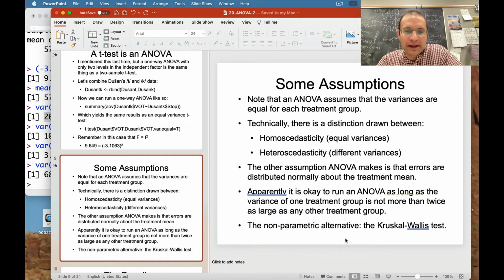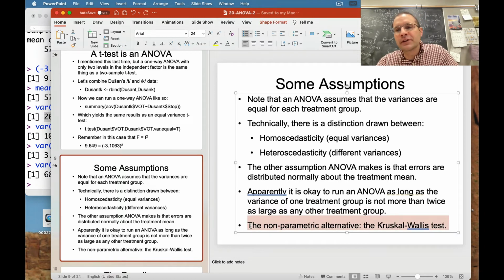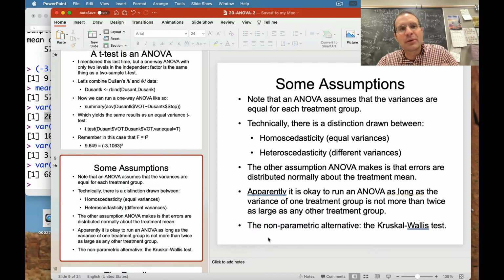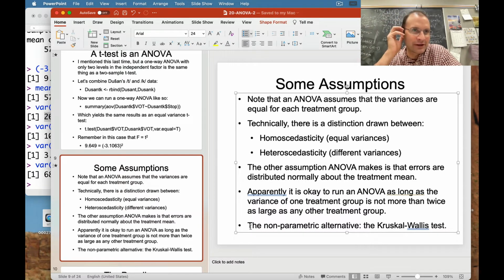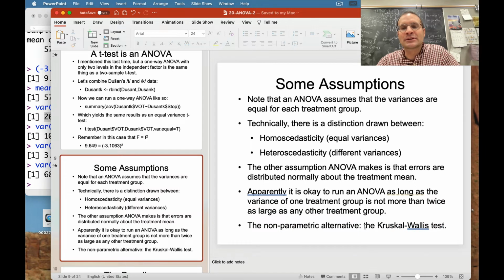So if you do have a problem with this, one non-parametric alternative you can use is called the Kruskal-Wallis test. I'm not going to go into it right now, but keep these assumptions in mind to make sure you're not misapplying some of these principles or approaches to analyzing your results. If it does look like your data is violating those assumptions, then there's always going to be some non-parametric alternative available to you, and that's the one we can use in this particular case.